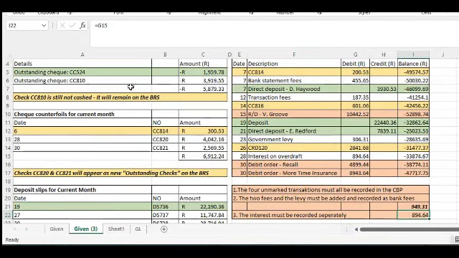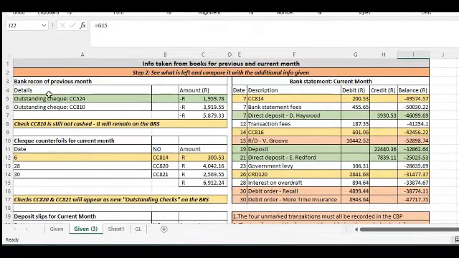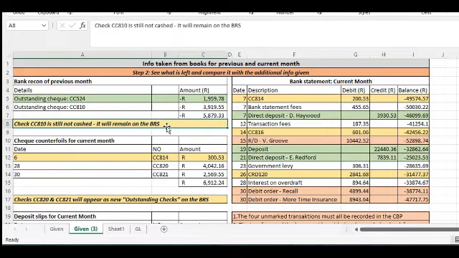Now, what about the previous month's recon statement? Here we see that there is something that I did not mark yet. It's check 810. Well, check 810 is still not cashed, and so it remains on the bank recon statement, and it will remain there for 3 months until it becomes stale, or until such time as the holder of this check actually goes to the bank and deposits it into his account, and then they will take the money from our account.